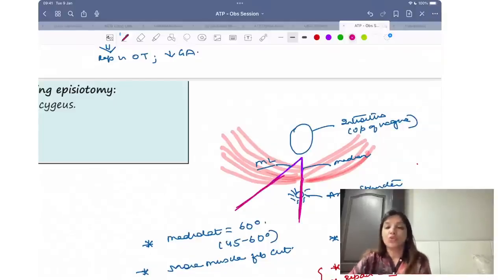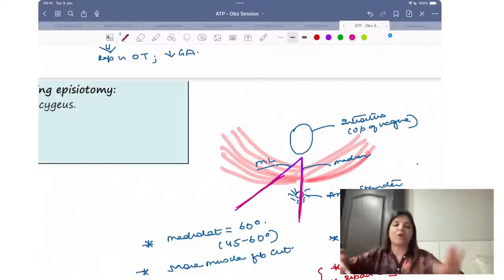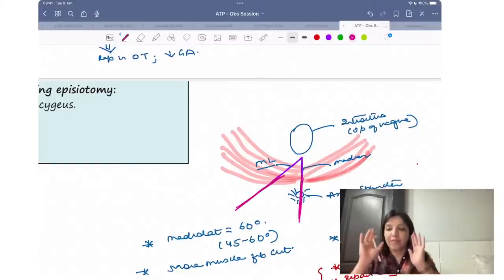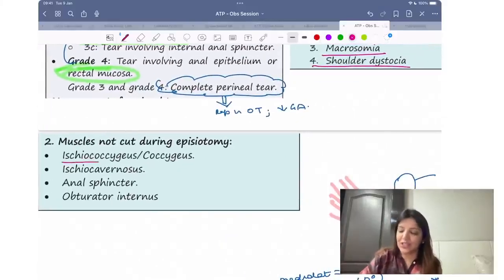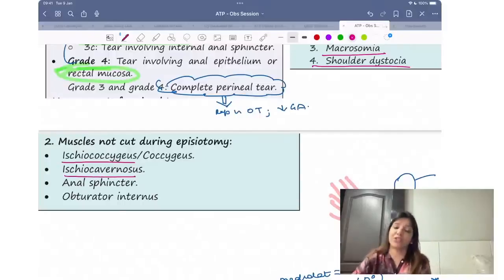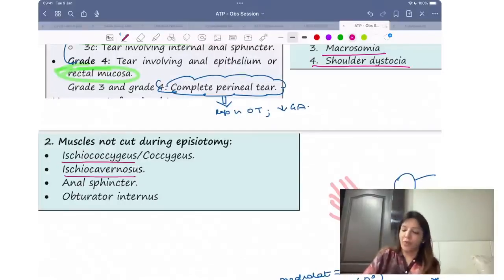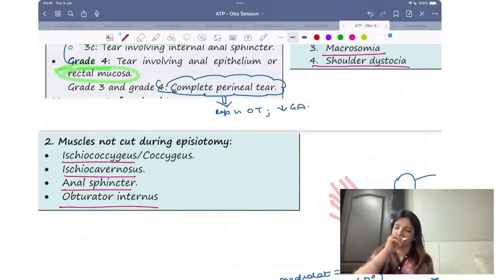Okay. So now telling you what are the muscles which are present towards the side. The muscles which are present towards the side are the ischio muscles. And as I always tell you, ischio-coccygeus, ischio-cavernosus. Instead of ischio-coccygeus they can also write simply coccygeus. Then obviously the anal sphincter is not torn and obturator internus is not torn, right?